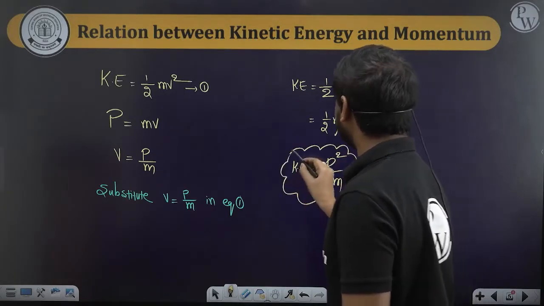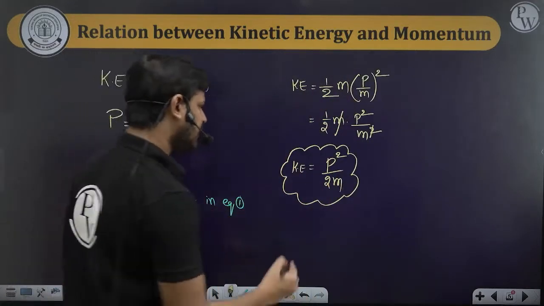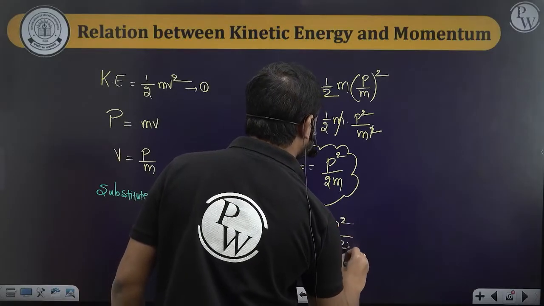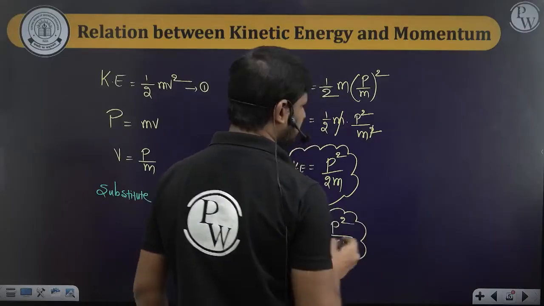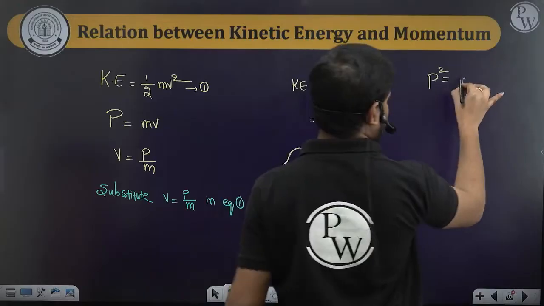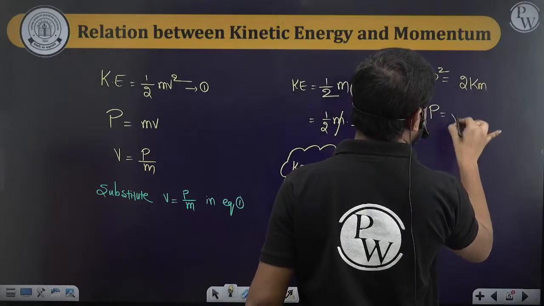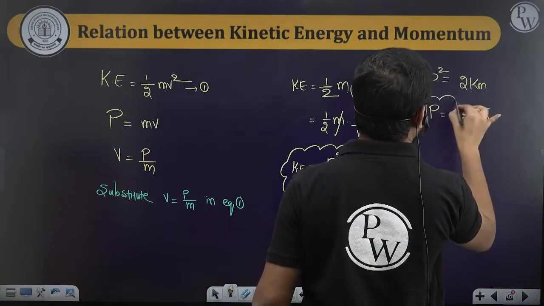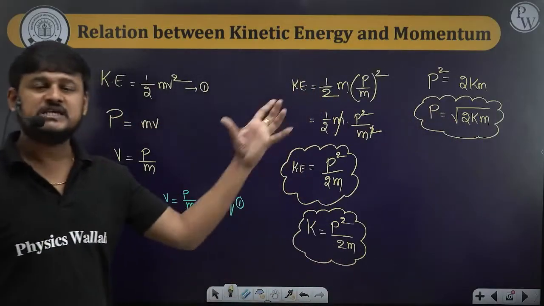This is the relation between kinetic energy and momentum. So K is equal to p square by 2m. From here we can also write p square is equal to 2km. From there p is equal to root over 2km, where k is the kinetic energy and p is the momentum.